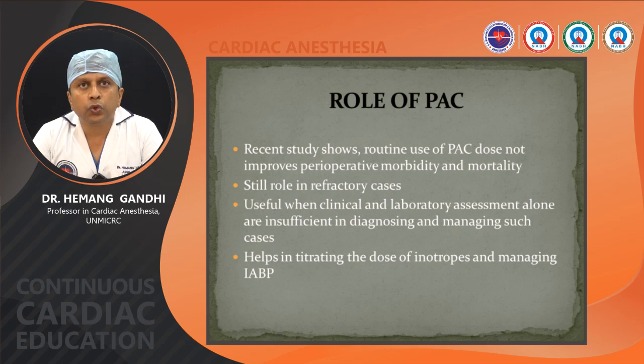A recent study shows that routine use of a pulmonary artery catheter does not improve perioperative morbidity and mortality, but it still has a role in some refractory cases that are not responding to routine conventional treatment. It is useful when clinical and laboratory assessment alone are insufficient in diagnosing and managing such cases. It also helps in titrating the dose of inotropes as well as managing the IABP.